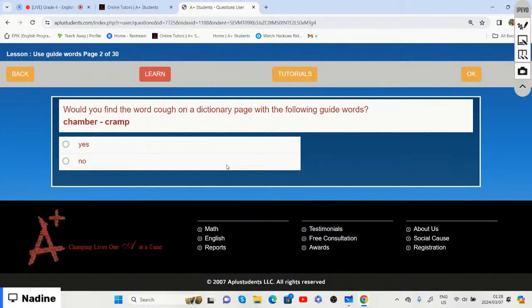So would you find the word cough on a dictionary page with the guide words chamber as well as cramp?